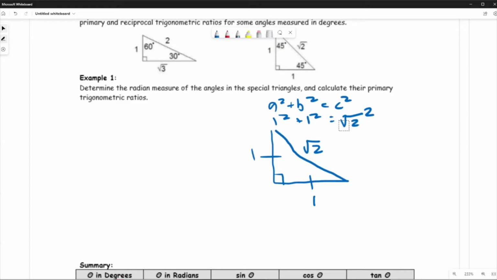Now, the other thing about this triangle is that the two angles on it are the same, and they are both 45-degree angles.